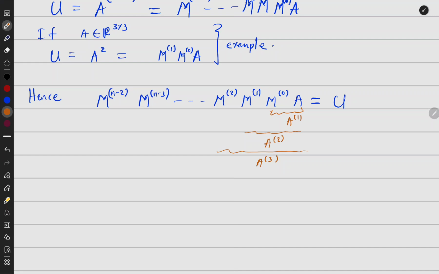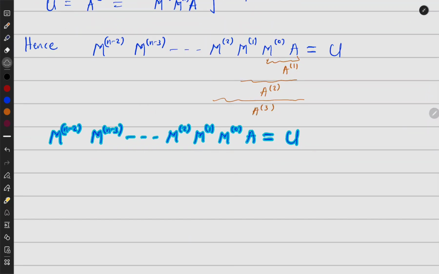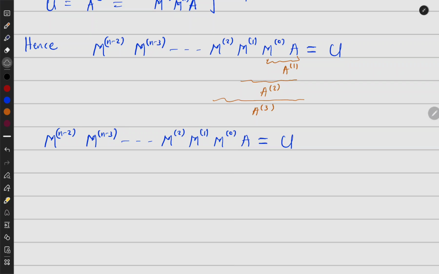And also when I generalize all these ones, we can call them capital M. When you multiply them, my M is equal to m n minus 2 going up to m naught.